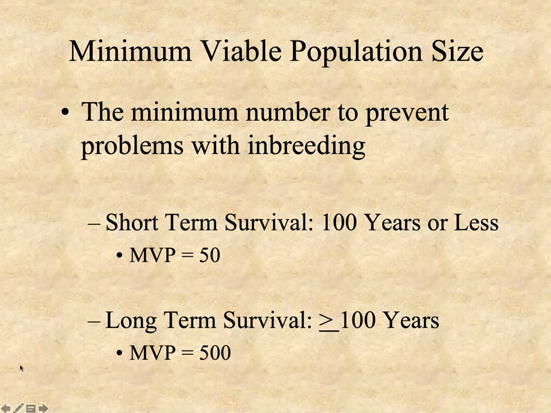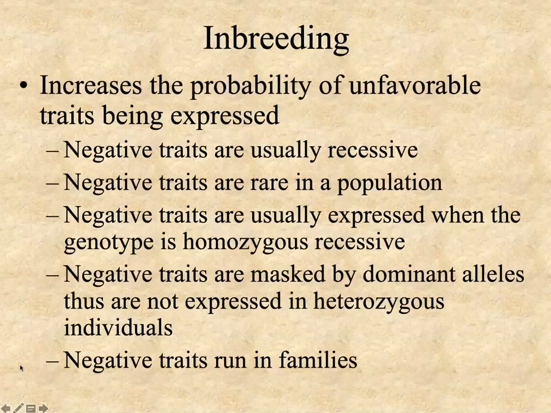So you need at least 50 individuals in your population for them to be able to survive 100 years or less. If you want your population to survive greater than 100 years, the minimum viable population size is 500. You need 500 individuals in your population to be able to survive more than 100 years. And these are numbers I want you to know from memory, both MVP for short-term survival and MVP for long-term survival.